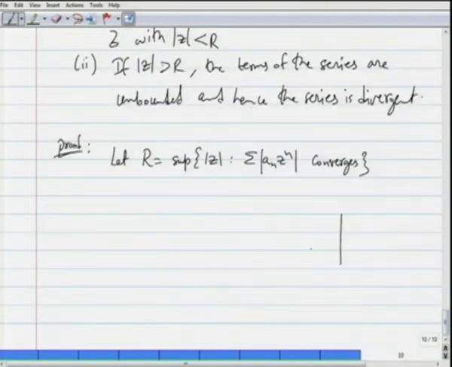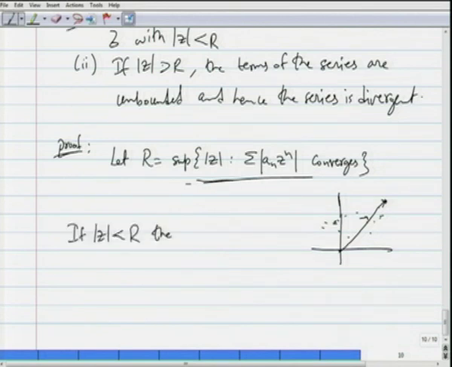Geometrically speaking, if we know a bunch of points around 0 where this series converges absolutely, we are picking the z whose modulus is the greatest if one exists, or if there are many of these points, then we pick the supremum of this set of moduli of such numbers, and that is the candidate for our radius of convergence according to the theorem.